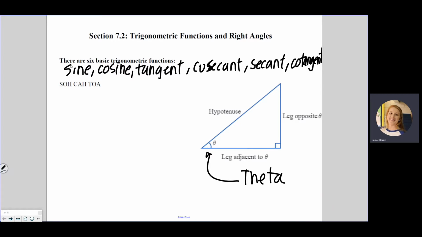The leg that's touching theta down here is called the leg adjacent to theta, or just adjacent. We abbreviate that ADJ. The side that is straight across from theta is called the leg opposite theta. Again, we would abbreviate that OPP. And then the hypotenuse is the longest side in the right triangle, and we just abbreviate that HYP.